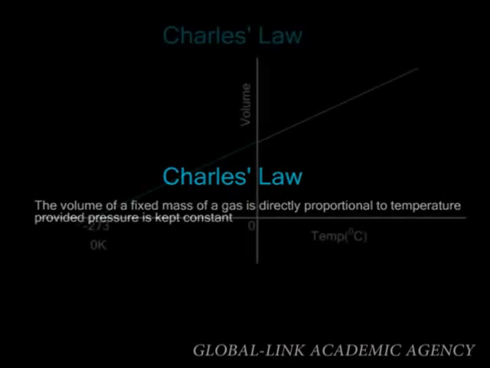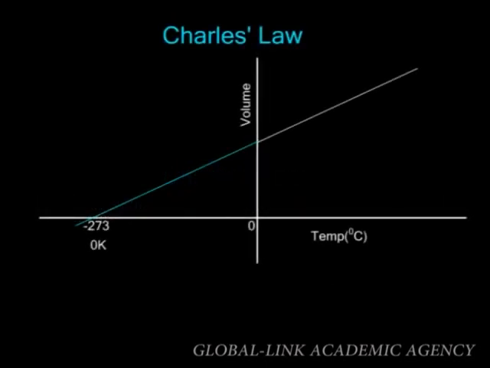A graph of volume against temperature is a straight line. The graph is linear and suggests that volume is 0 at negative 273 degrees Celsius when extrapolated. In reality, a gas should have condensed into liquid before reaching this temperature.